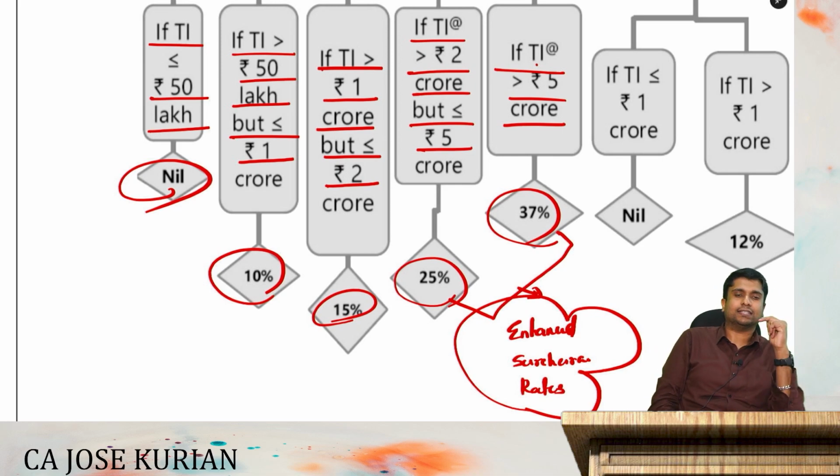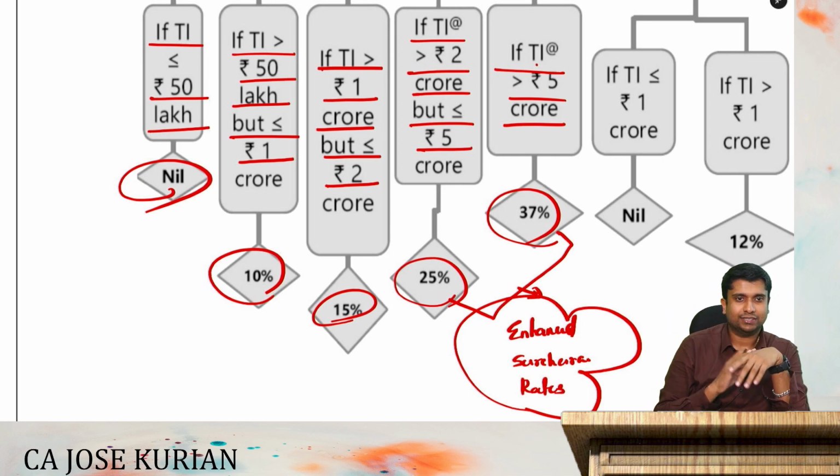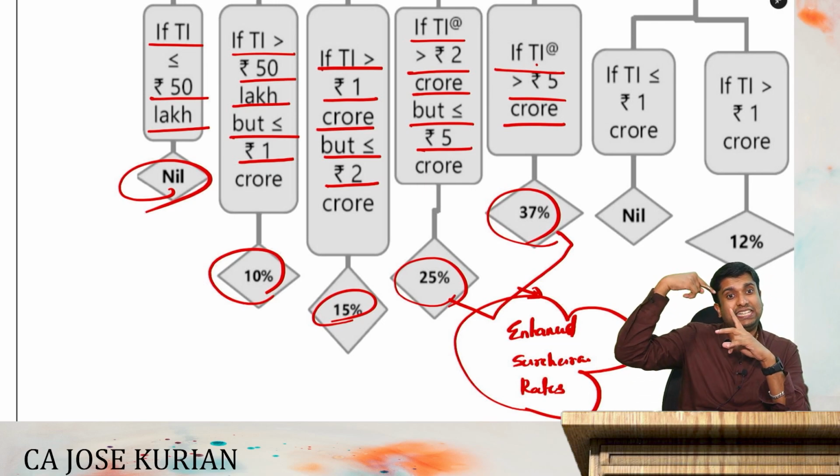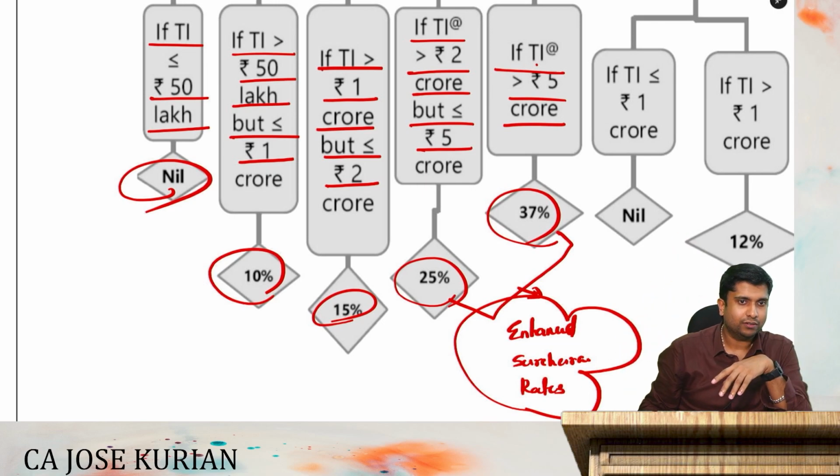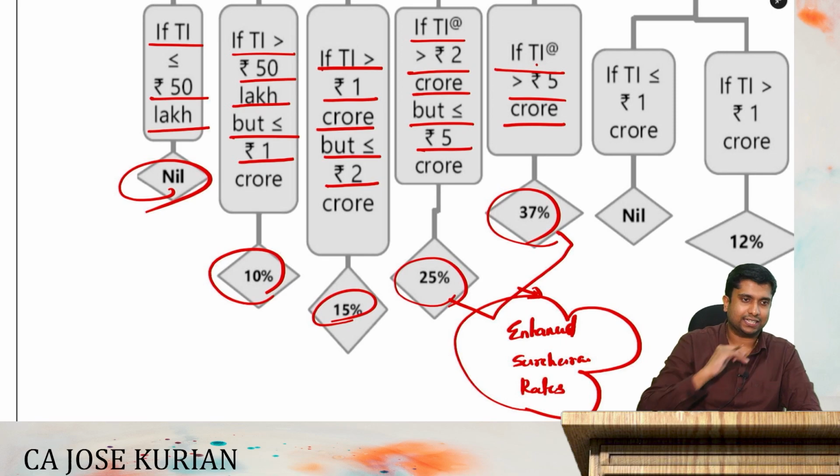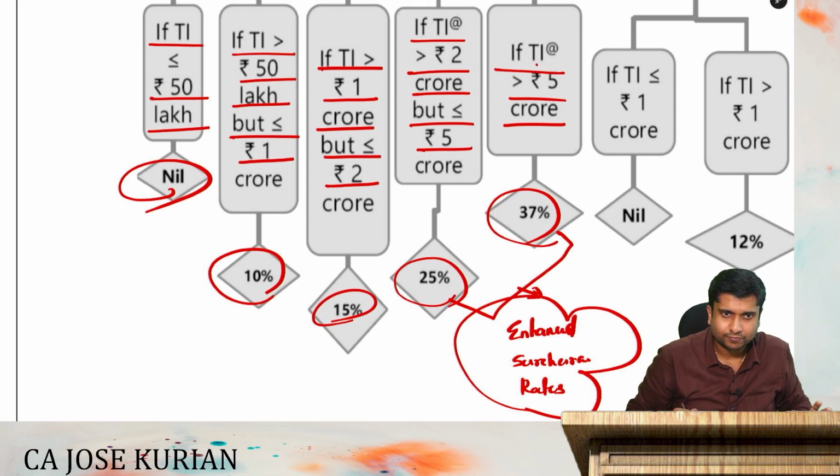What do you mean by enhanced surcharge rates? A rate which is comparatively higher. Compared to 10 and 15, this 25 and 37 is almost double. So these are comparatively higher surcharge rates, and that is technically known as enhanced surcharge rates. Till now, is that clear?